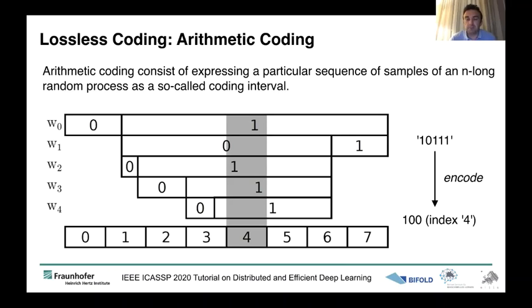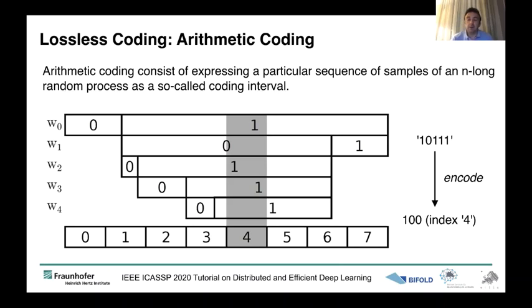You see that the gray strip above this index shows you which original word you have encoded. For example, for the first symbol, W0, the number 1 falls into this interval. For the second one, W1, the number 0 falls into this interval. For the third one, W2, the number 1 falls into this interval.